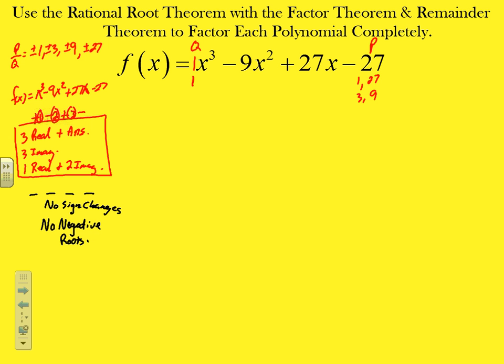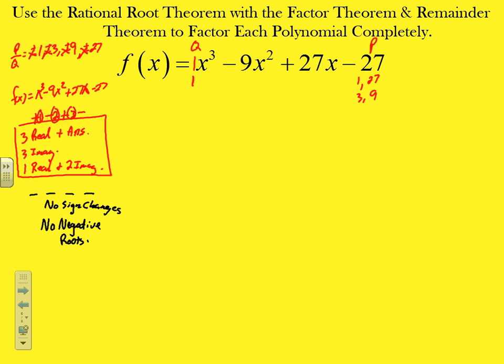Essentially, we've eliminated half of the numbers that we need to check, meaning we only need to worry about the positive 1, the positive 3, the positive 9, and the positive 27. That helps us eliminate potential work, because if you started with the negative numbers and tried all 4 of them, none of them would have worked. So that will allow us less work to do.